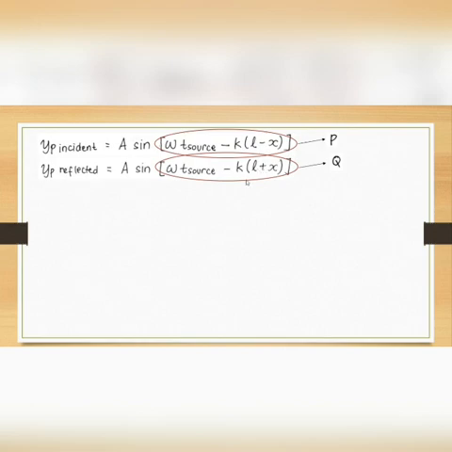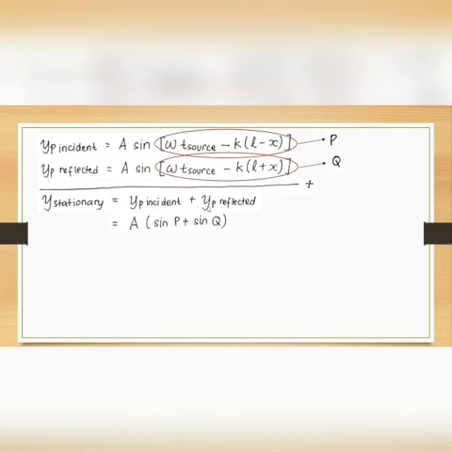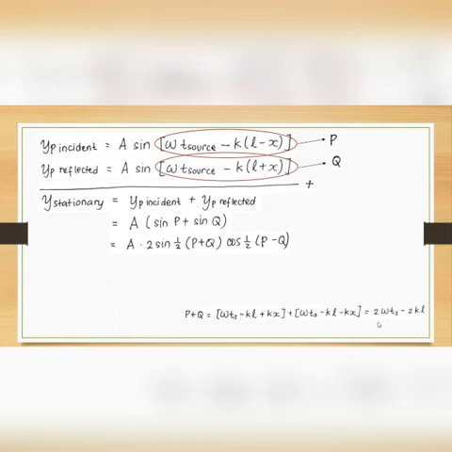So we can add them up. The displacement of the stationary wave is the displacement of the incident wave plus the displacement of the reflected wave: A times the sine of P plus the sine of Q, and the equation will be A times 2 times the sine of a half P plus Q times the cosine of a half P minus Q. Remember that P plus Q was 2 times omega ts minus 2kl, and P minus Q is 2kx.